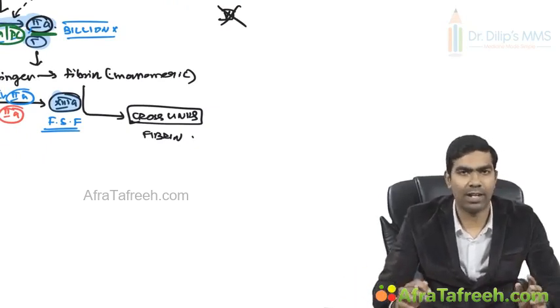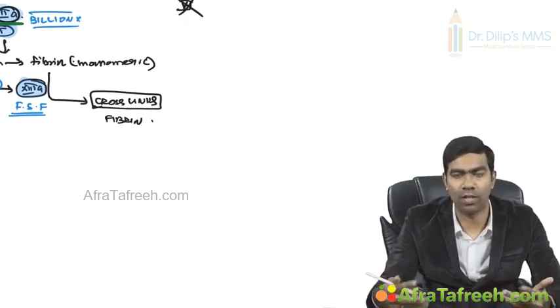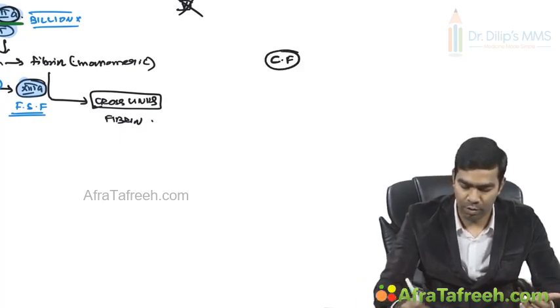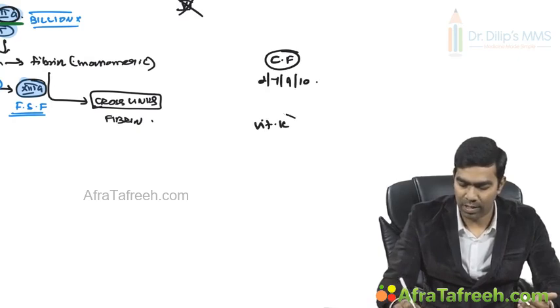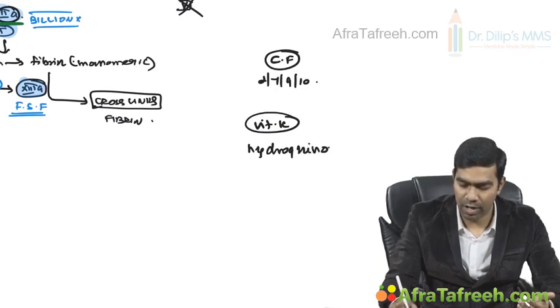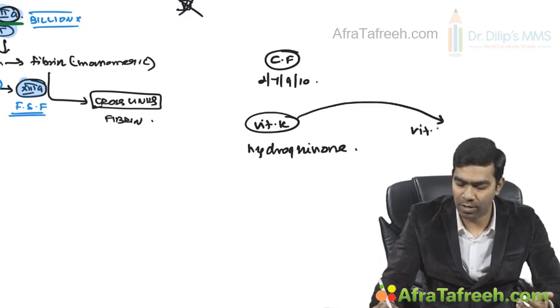First, let us see how vitamin K is important for the generation of these clotting factors in the liver. So we can take these clotting factors, that is 2, 7, 9 and 10. Clear? And you have this vitamin K, typically in the hydroquinone form initially. This vitamin K hydroquinone form is going to get converted to something called vitamin K epoxide.